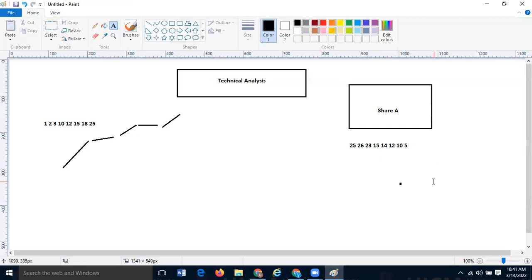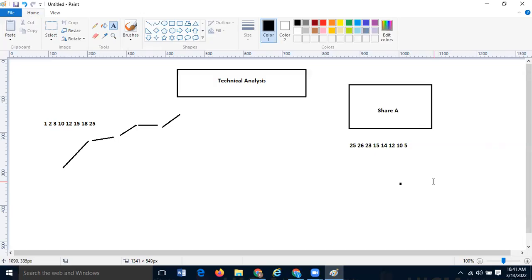On the basis of these numbers, if I tell you that you have to trade because these are the prices, there are chances that you can trade based on these prices, but there are chances that you will miss the trade because you are not seeing the chart, you are only seeing the numbers.